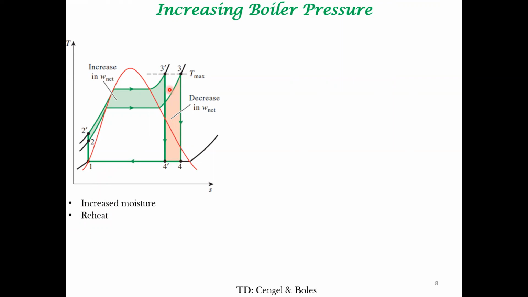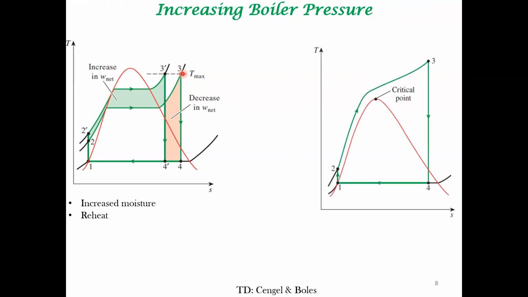But if you take an advanced class, there are also some more topics that are elaborated in your textbook, which you can look into for increasing efficiency by reheating. All right. So in general, operating at a higher pressure is useful. There are also boilers that operate above the critical point.